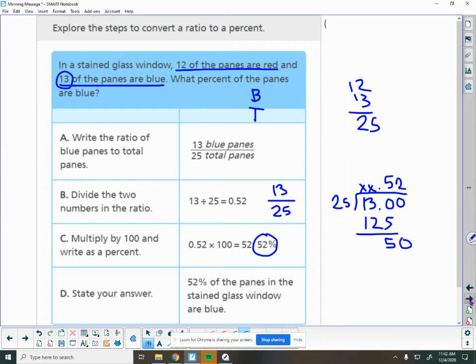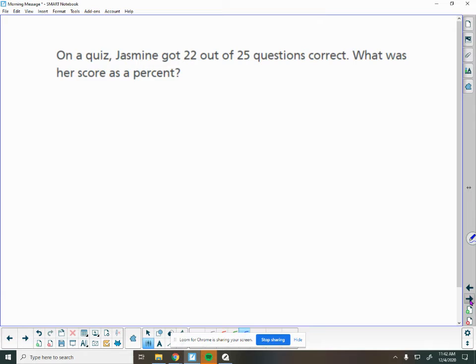Another way is to set up equivalent ratios. So let's try that. On a quiz, Jasmine got 22 out of 25. So here's the part she got right, here's the total questions, and we're going to change it to a percent. Remember, percent always needs to be out of 100, so we'll put 100 on the bottom.